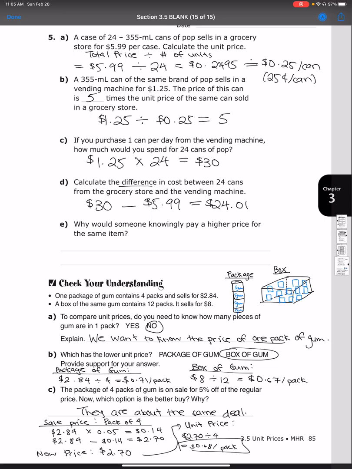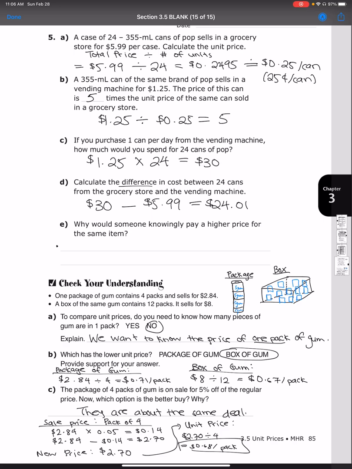But as we will talk about in E, there might be reasons someone does that. So why would someone knowingly pay a higher price for the same item? Well, sometimes when you're at the grocery store, you think to yourself, I don't need 24 cans of pop. I shouldn't be drinking that much pop. So you just forego buying that package, which is fine.